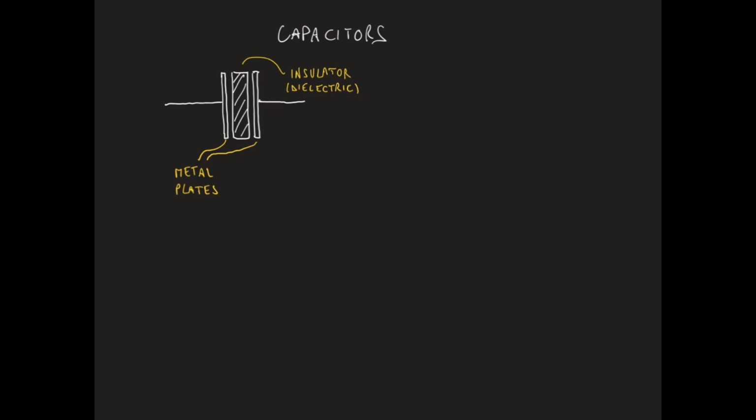Let us consider now a circuit consisting of a battery Vi, a capacitor, and a switch.